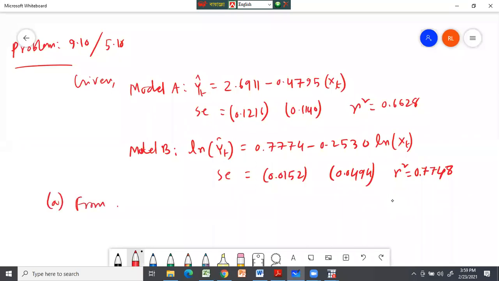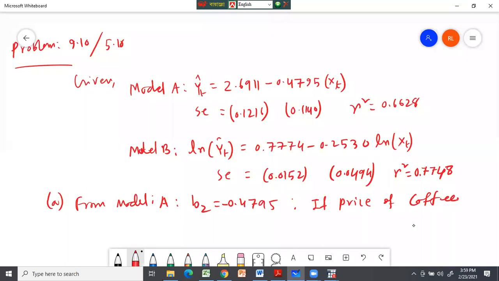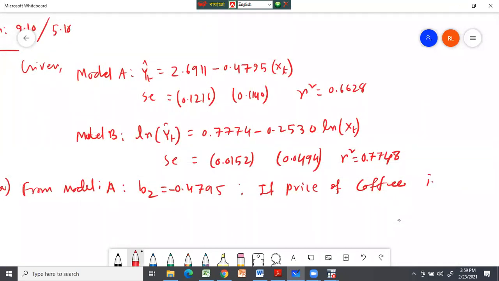So from model 1, model A, the slope coefficient B2 is equal to 0.4795, which means if the price of coffee increases by, what will it be, 1 percent or 1 unit? Sir, 1 unit.